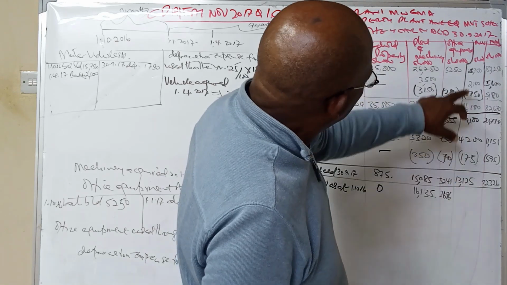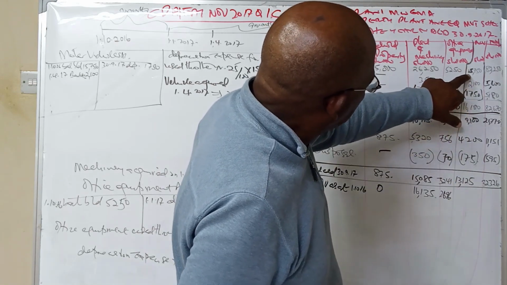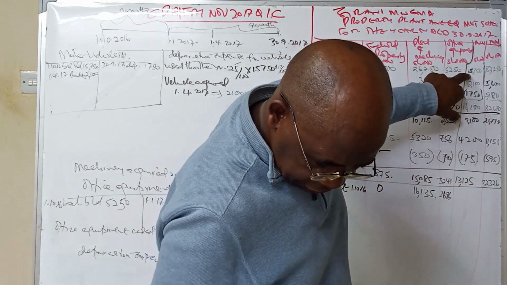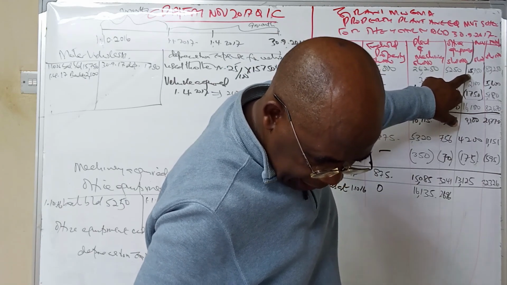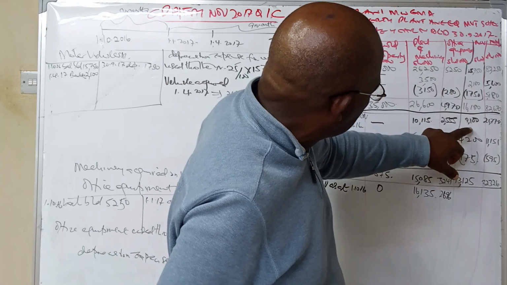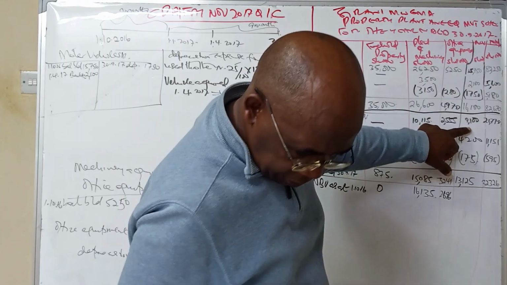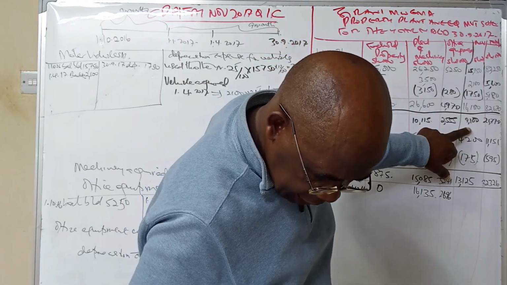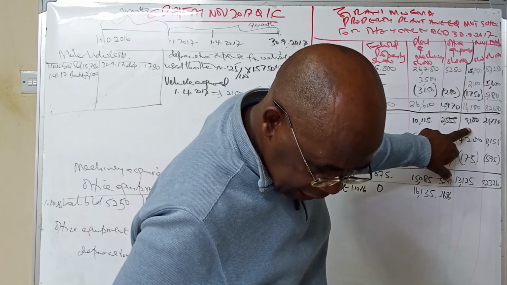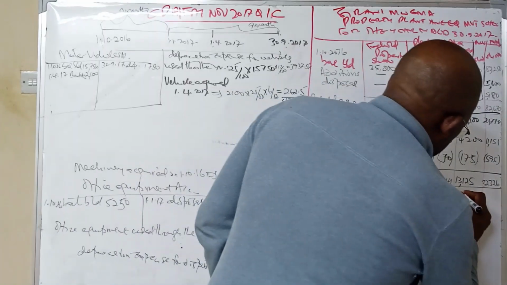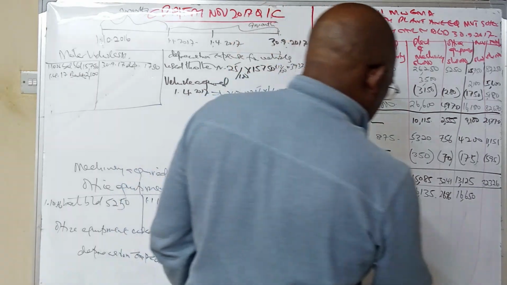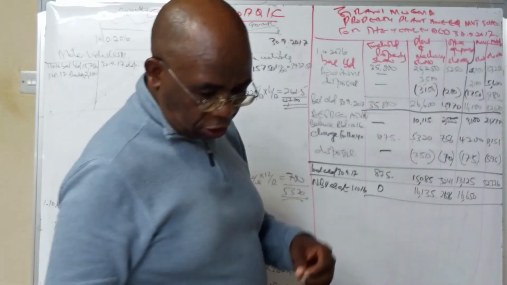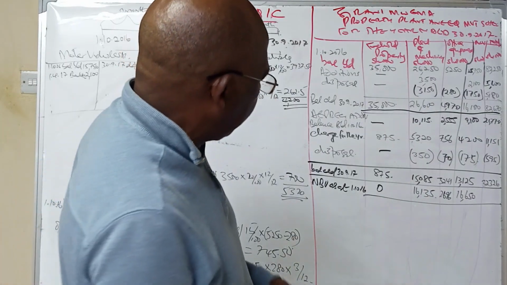Then we go to motor vehicle, 25,750 minus the accumulated depreciation at the beginning of the year, 9,100. We get an opening net book value of 16,650.